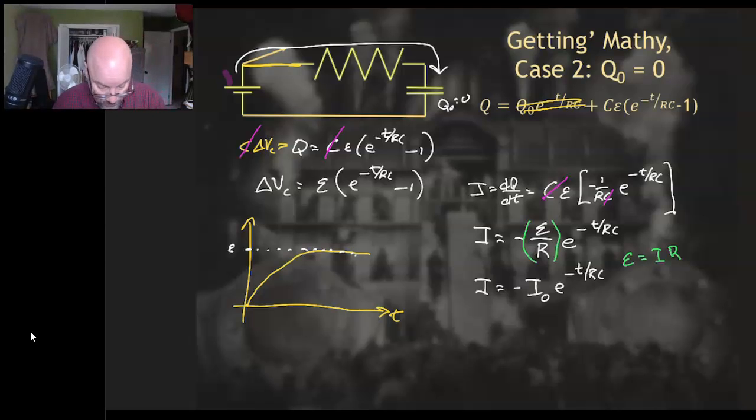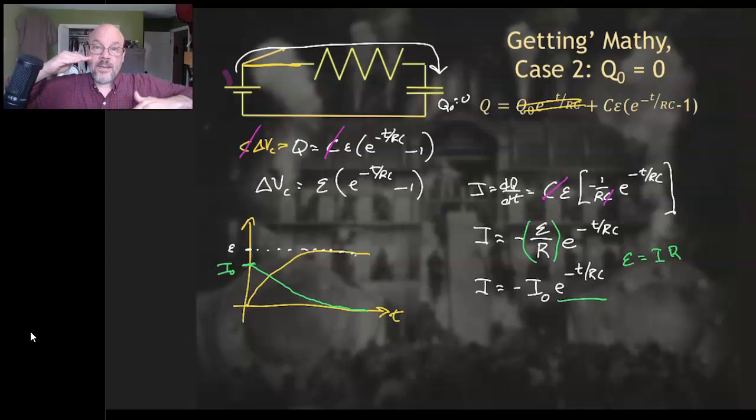So what that means is if we mark over here the initial value for the current, it's dropping off exponentially, like so. So the current is dropping and the voltage is increasing, and they're kind of like passing like ships in the night. Just like this. There you go.